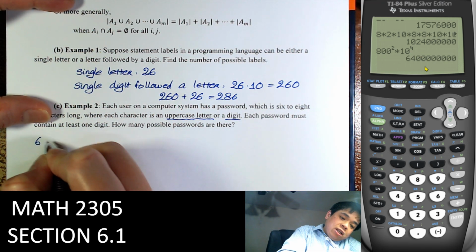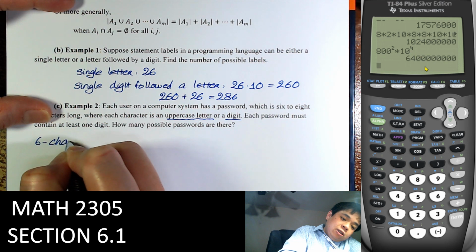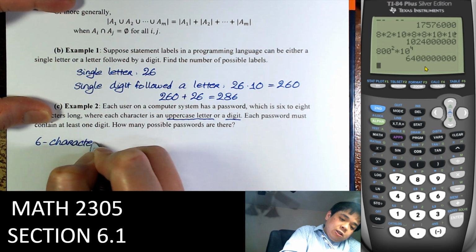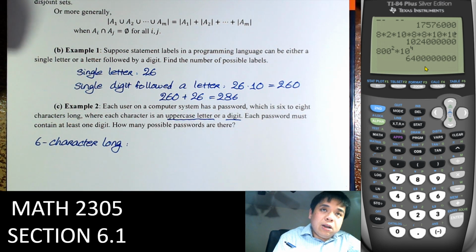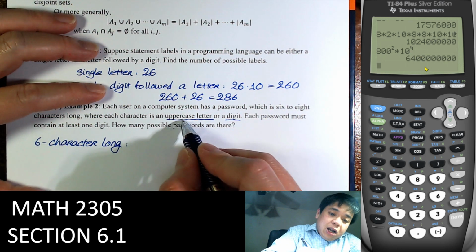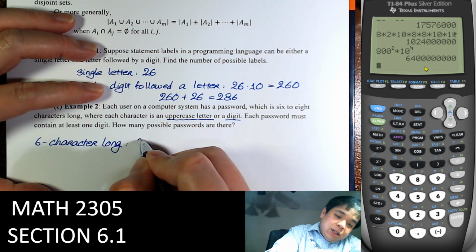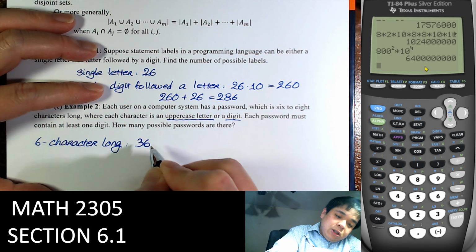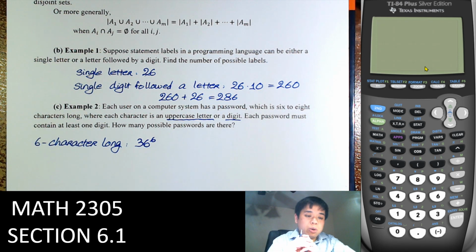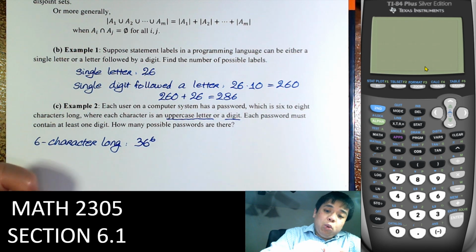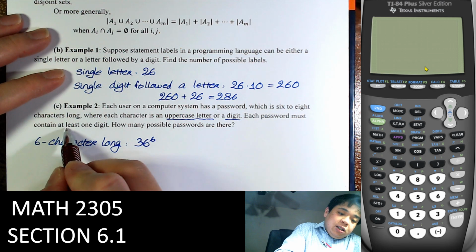So if we have 6 characters long, that's uppercase letters and digits, so that will be 36 total, and then 6 spots, so for each of them you have 36 choices. But we must have at least one digit.